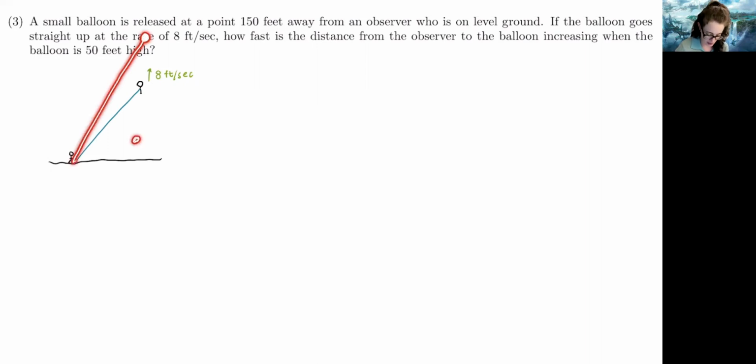When the balloon was down here, it was a shorter distance. And so this distance between the observer and the balloon is in fact changing. It's getting larger as the balloon rises up. We want to know at the point in time when the balloon is 50 feet high, what is that rate of change?